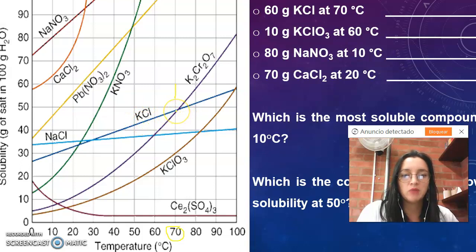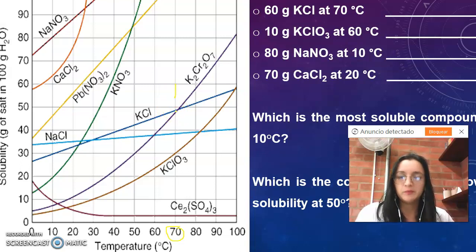The maximum amount that I can add at 70 degrees is around 48.9, a little bit less than 50. So if I add 60, I am adding too much. This is going to be a supersaturated solution. I am adding more than it can actually hold at that temperature. So this will be classified as a supersaturated solution, the first one.